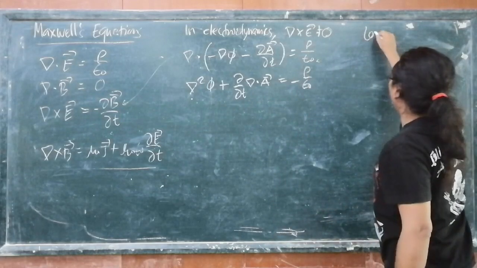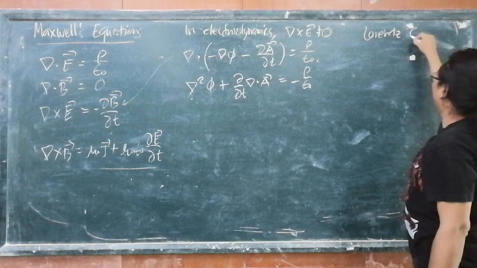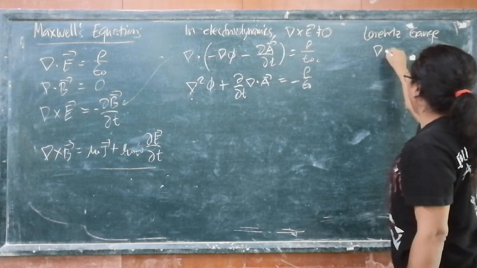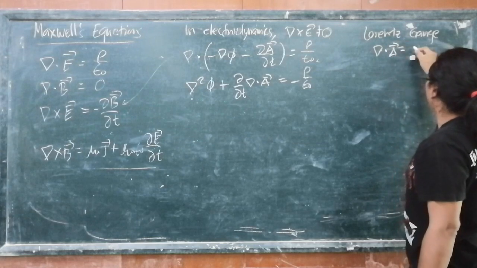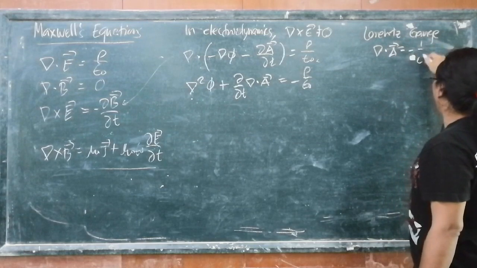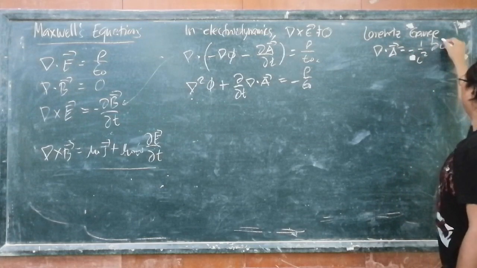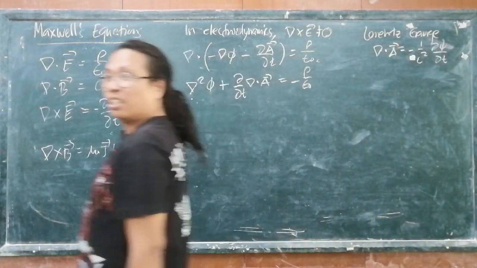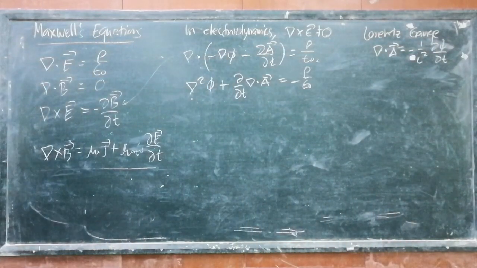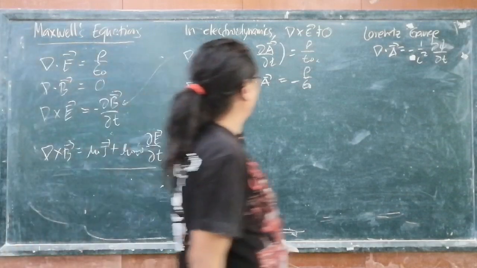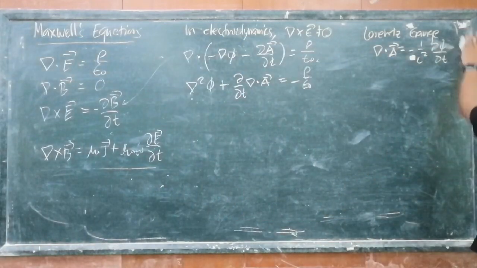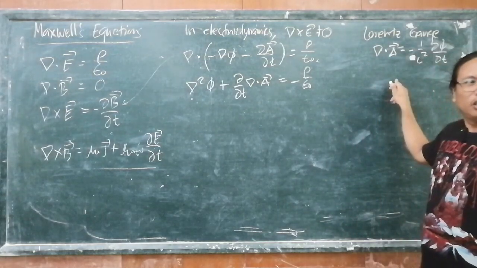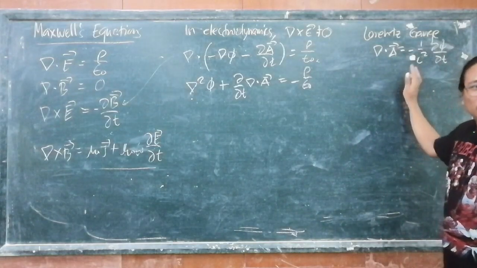Take note here, the Lorentz gauge. The Lorentz gauge is del dot A equals negative 1 over c squared partial phi over partial t, or this is actually mu naught epsilon naught. I think Griffiths introduced it as mu naught epsilon naught.